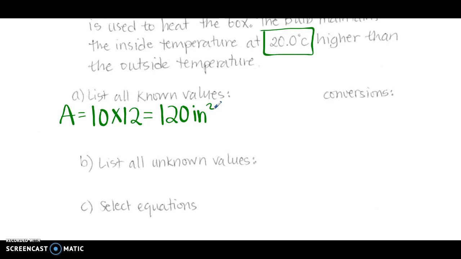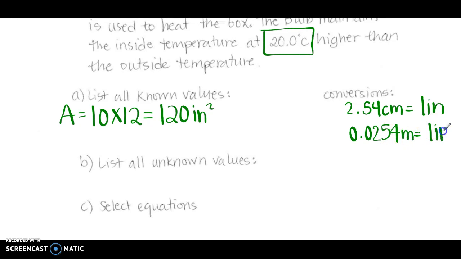We're going to use the fact that 2.54 centimeters is equivalent to 1 inch, or if you move the decimal over and convert to meters, 0.0254 meters is equivalent to 1 inch. So if we want to convert inches squared, then we have to square these numbers to do the conversion.